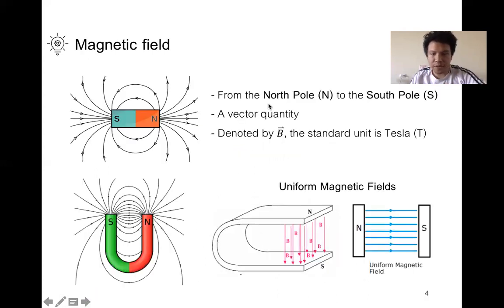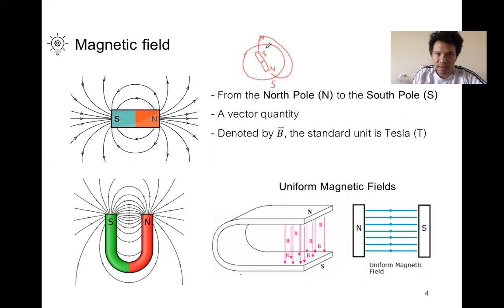Magnetic field. What do we know about magnetic field? We originally know that magnetic field comes from a magnet with a North Pole and South Pole. The Earth itself is also a magnet. The North Pole of the Earth is actually having the South Pole of a magnet, and the South Pole of the Earth is having the North Pole of a magnet, and the magnetic field direction is defined as coming out from the North Pole and going into the South Pole.